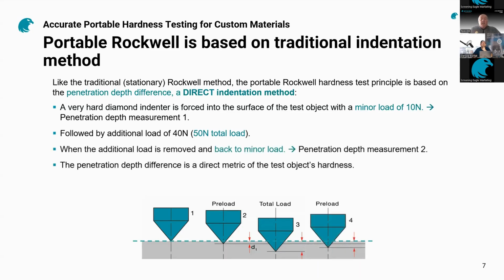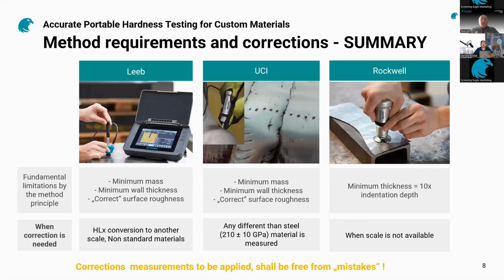And as you release that force, it cycles back through that minor load and measures the depth again. That gives us depth measurement 2. And depth measurement 2 and depth measurement 1 provide a difference. And that depth difference is then calculated into the hardness. It gives us a direct measurement of the hardness.